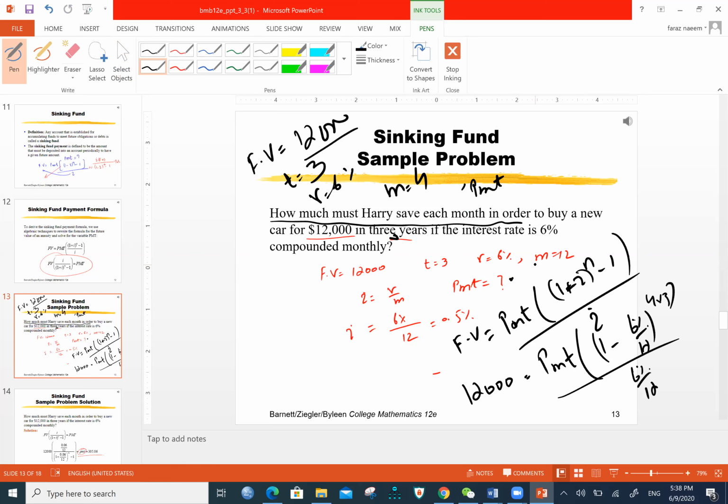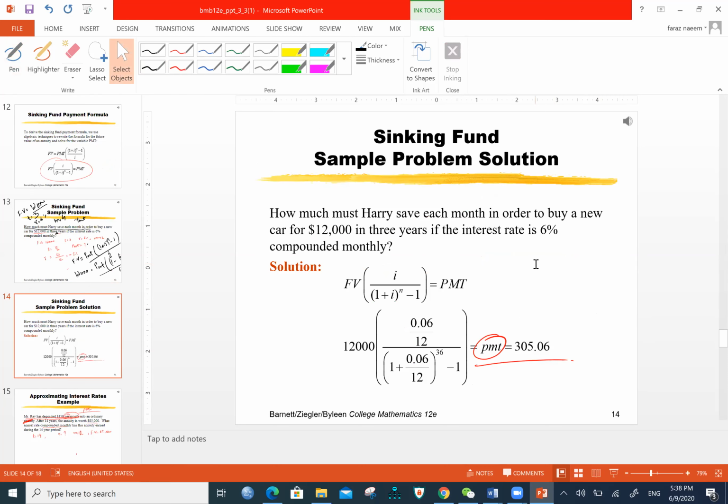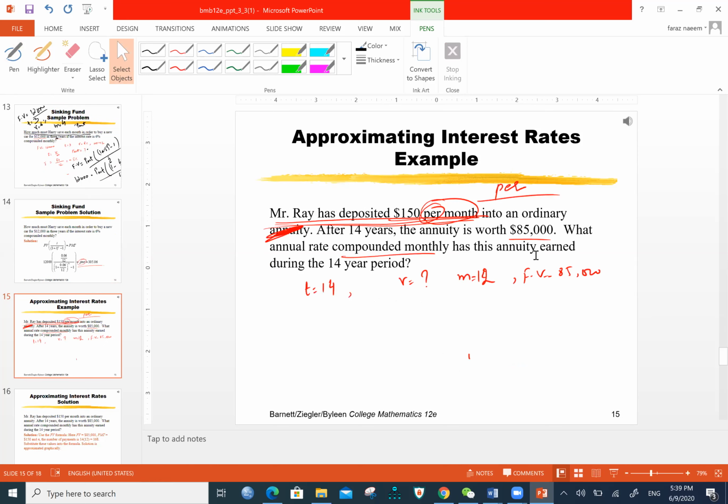From here you can solve for PMT. Is that clear? Yes. Your PMT will be 305. You need to save 305 each month in order to accumulate $12,000 in 3 years.